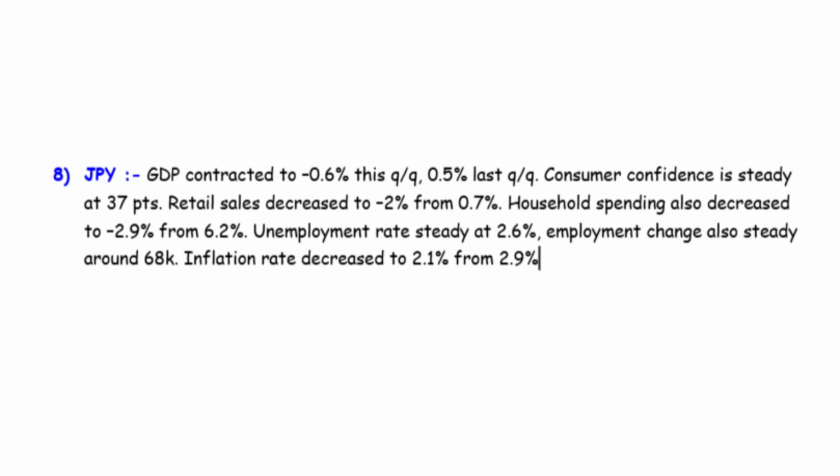Next, moving to JPY, Japan. Japan is also considered a safe haven currency, but reading the data, GDP contracted to negative 0.6% this quarter, 0.5% last quarter. Consumer confidence is steady at 37 points. Retail sales decreased to negative 2% from 0.7%.